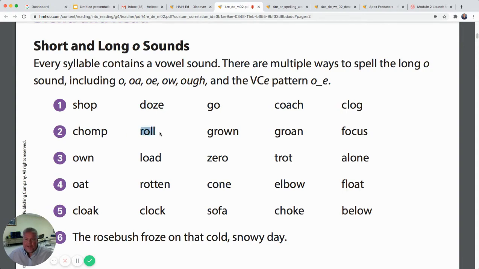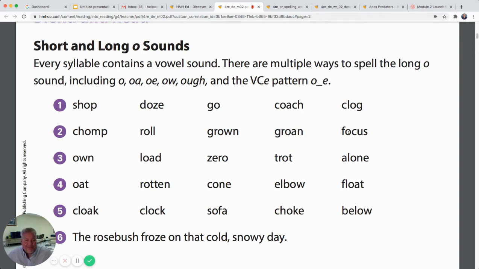Roll. I hear the long O, and it's got an O right there by itself. Groan. I hear long O, and it's got the OW pattern, doesn't it? This word sounds about like it. Groan. OA pattern. What's the difference between these two words? Grown, that means you're growing up. Groan is like, oh man, I don't want to do math today.